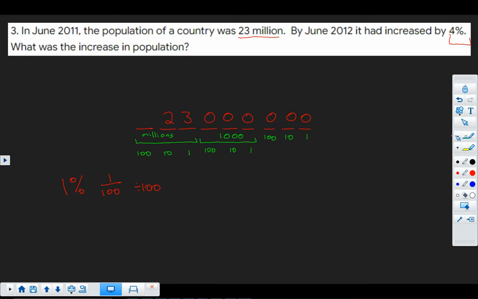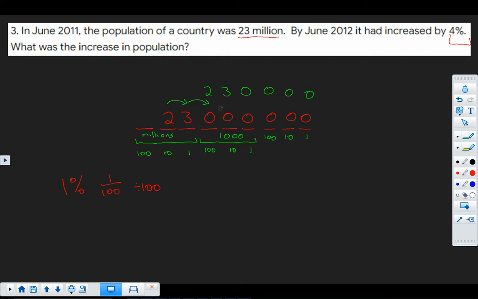Now, hopefully we've remembered that if we divide numbers by 10, then we move them one place to the right. We're dividing by 100, so we're moving 2 places to the right. So my 2 has gone here, my 3 has gone here, and I'm left with 4 zeros.